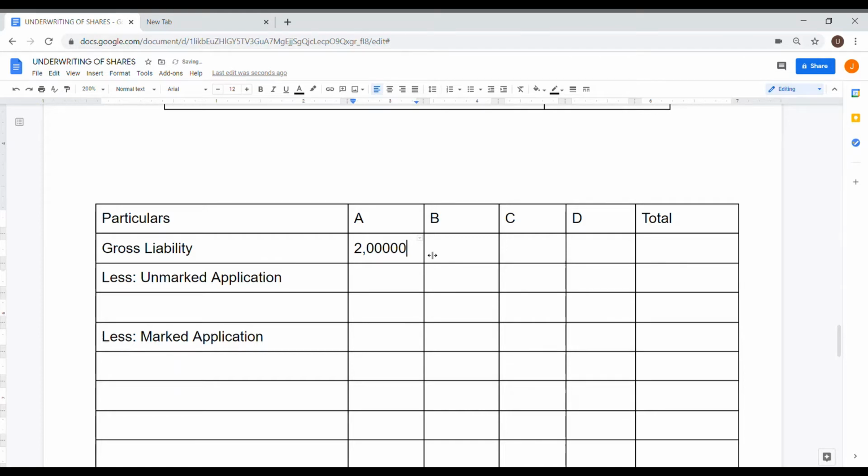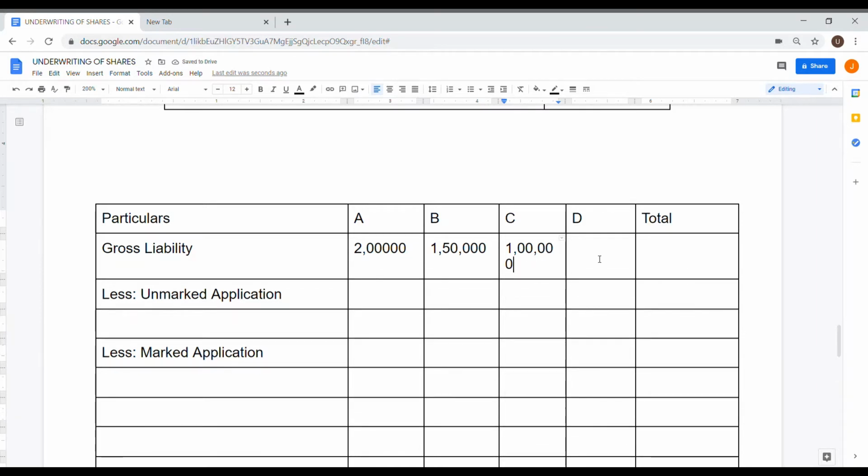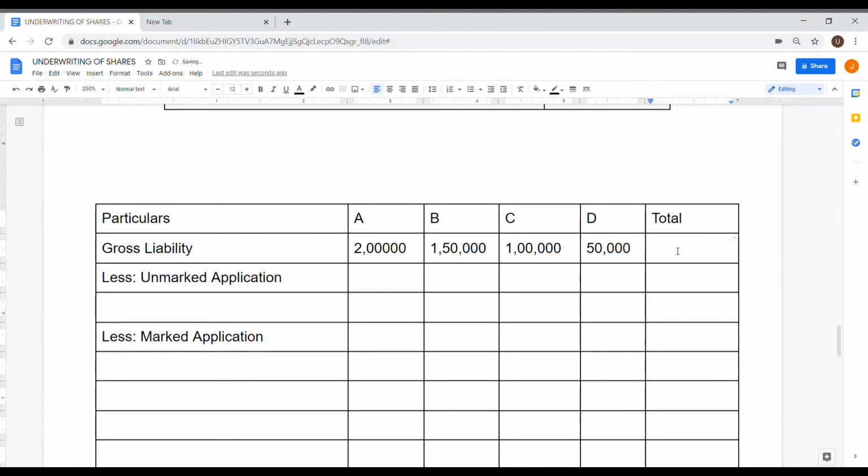What is the total we get? We get the total as 5 lakh.